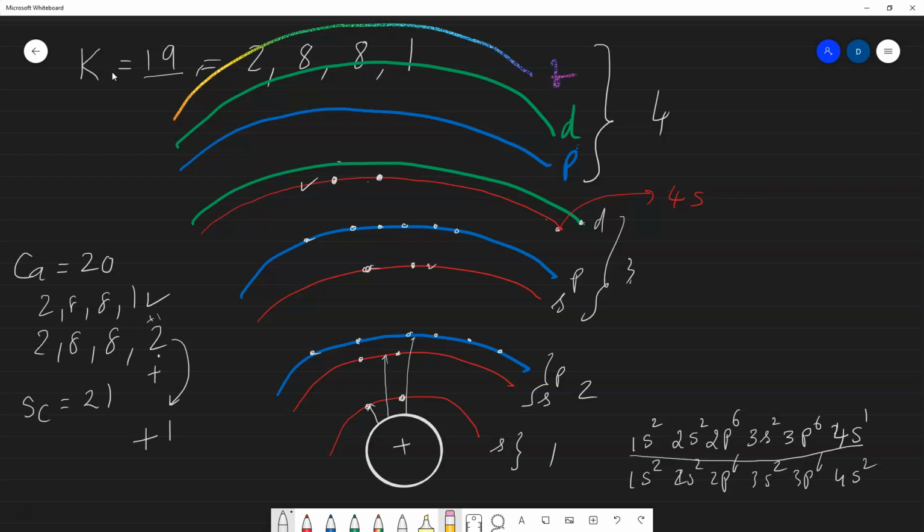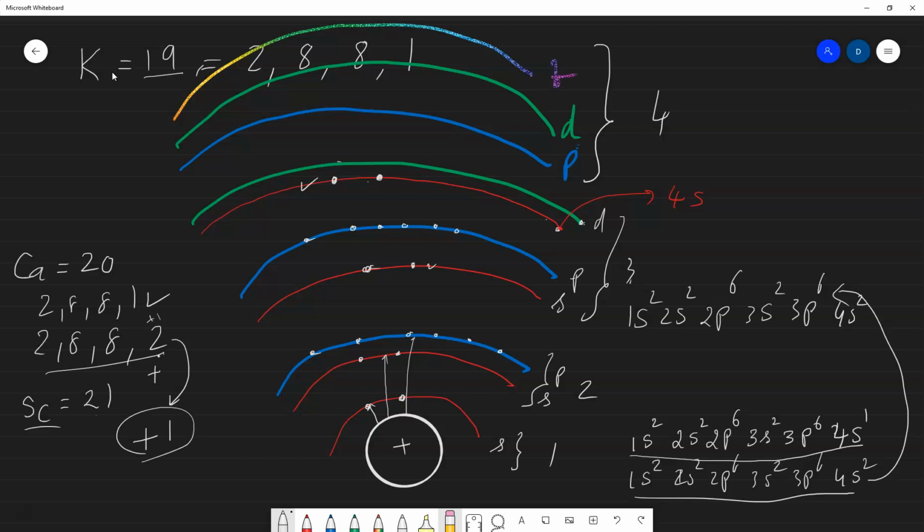Up to here is the same, so scandium will be 1s2, 2s2, 2p6, 3s2, 3p6, 4s2, and then one electron for 3d1. You have to be very, very careful when you write this electron configuration.